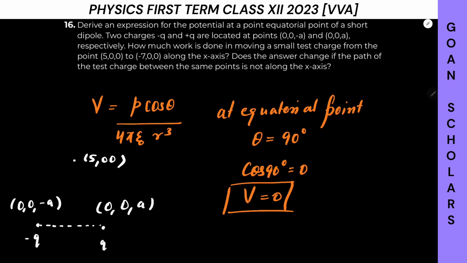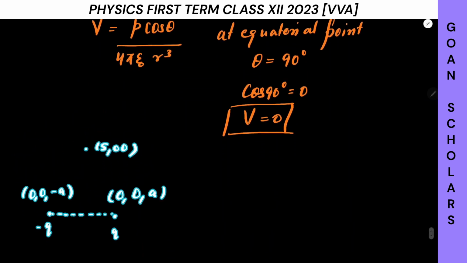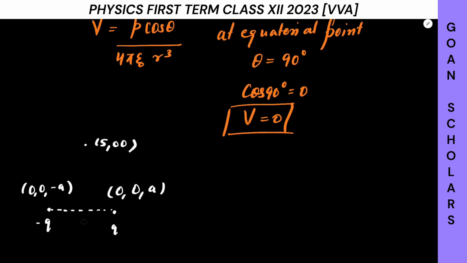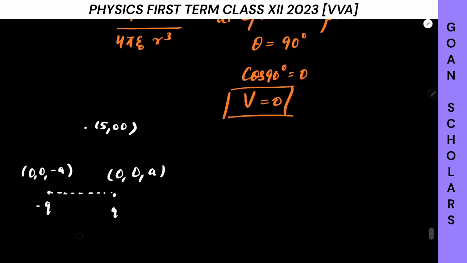So you are taking a test charge from 500 to minus 700. The magnitude of the charge is not given.